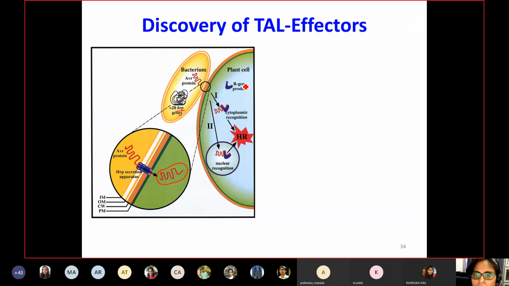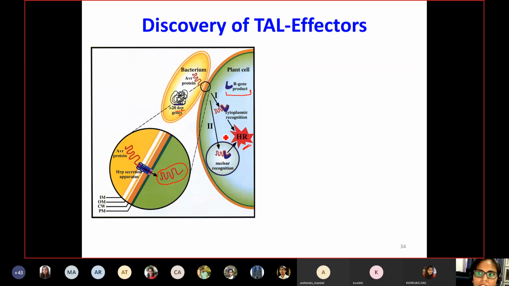And after going into the cell cytoplasm, it has two different kinds of fate. Either it is not recognized by our R gene because this AVR is not cognate to this R gene, or AvrBs3, when it finds its cognate R gene, creates a hypersensitive response.